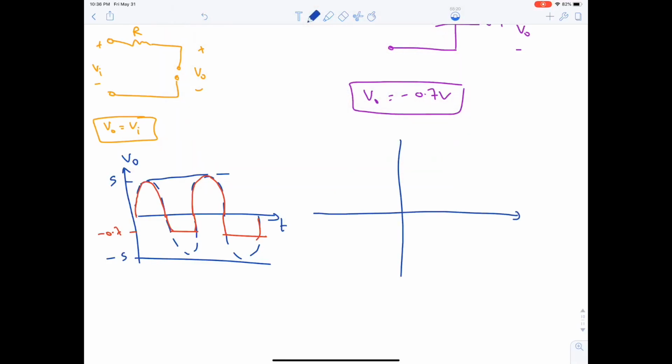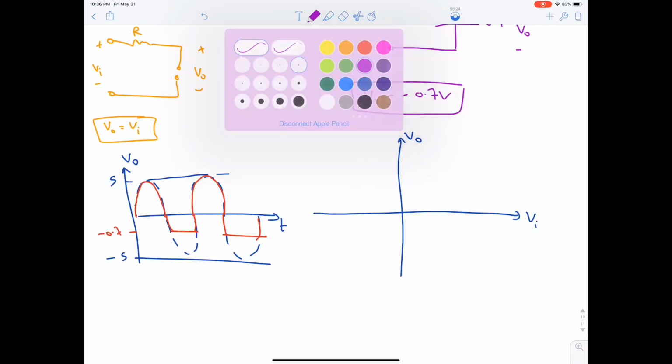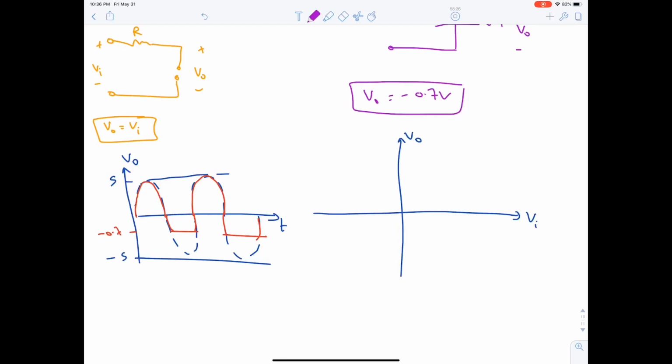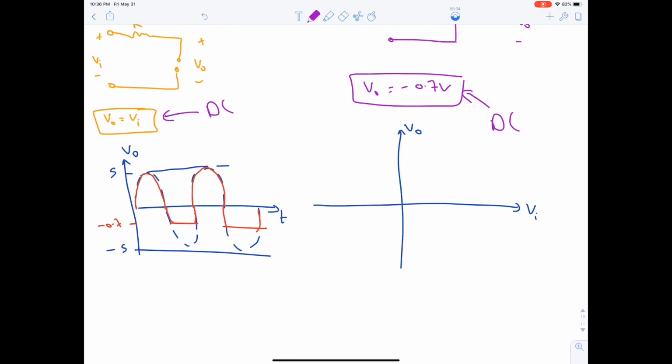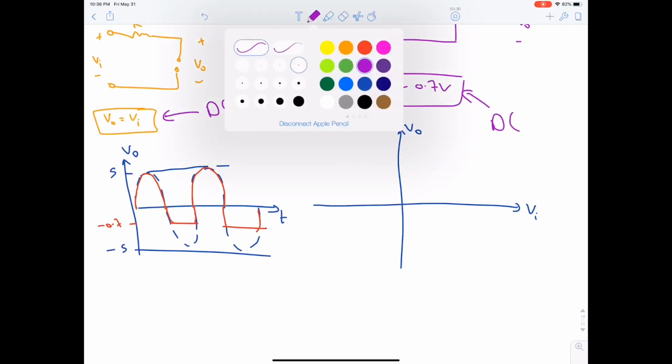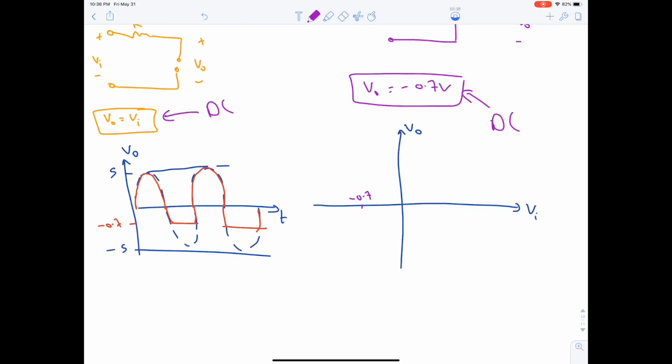V output with respect to V input. If Vi is positive, then actually it's better to start with the numbers, with the DC values. This is AC. So if Vi is negative, then it's minus 0.7, minus 0.7, straight line, and then Vi to be like this, okay?